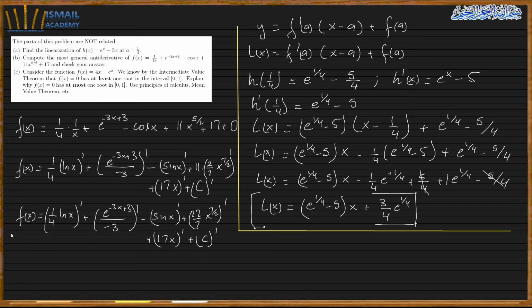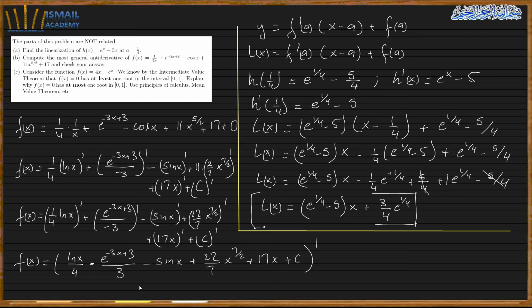Now what I need to do is put them under one prime, so this is going to be f of x equal ln of x over 4 minus e to the minus 3x plus 3 over 3 minus sine x plus 22 over 7 x to the 7 halves plus 17x plus c, all prime. So this is the antiderivative of this function.